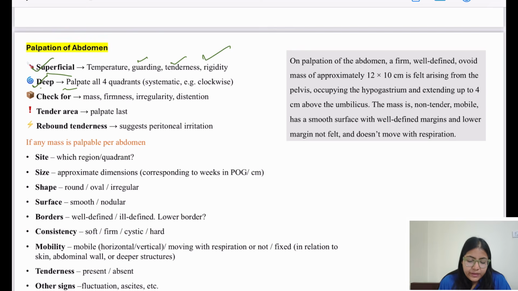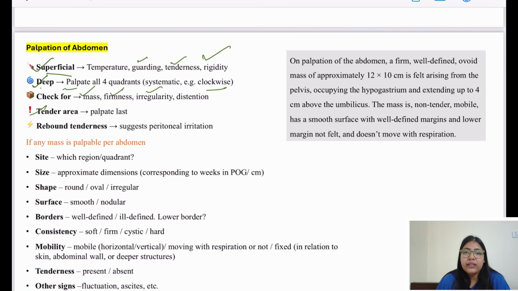And then comes deep palpation, where you will palpate all the quadrants, okay, in clockwise and systematic manner. So what will you palpate? You will check for any mass. If mass is present, then you check for the firmness or the softness of the mass, irregularity, and you check if there is any distension or not.